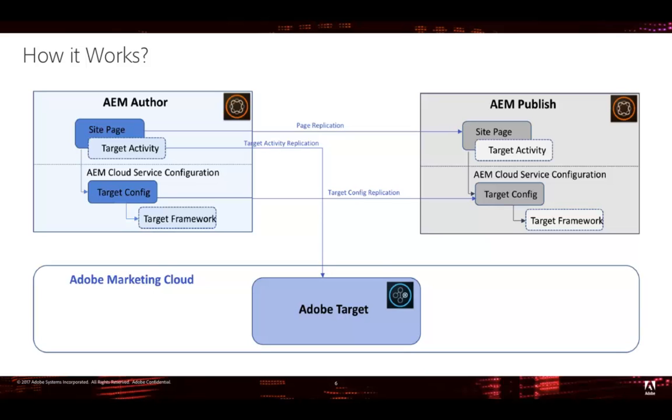There is also an agent, the Target agent, between Adobe Target and AEM author. What this agent does is replicate all the data between AEM and Target. This is the flow diagram for your understanding on the screen.